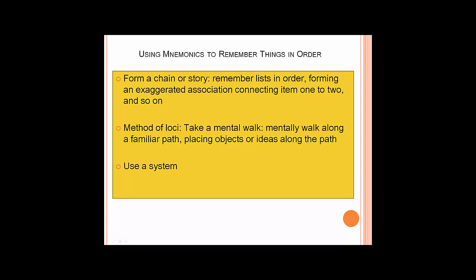What are some of the items that you see on this mental walk of this path? Pick your favorite grocery store and start walking down aisles in your mind, and you will see certain objects there. So you can use that to systematize. Again, this is an example, but it is a method of using a mental system to remember.